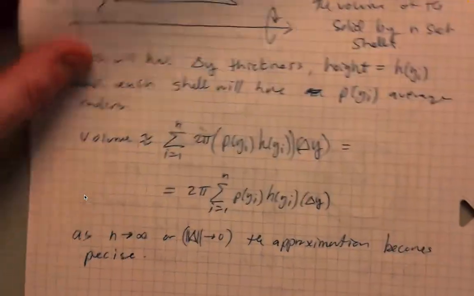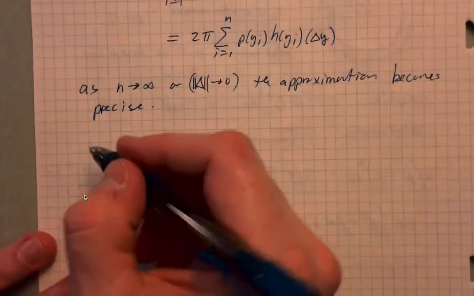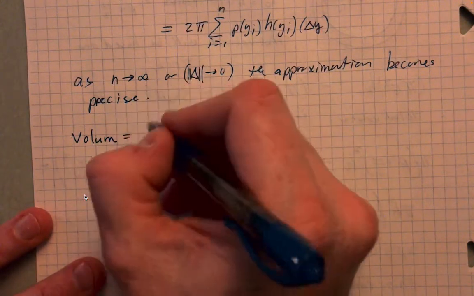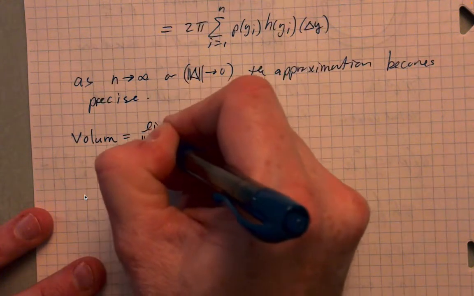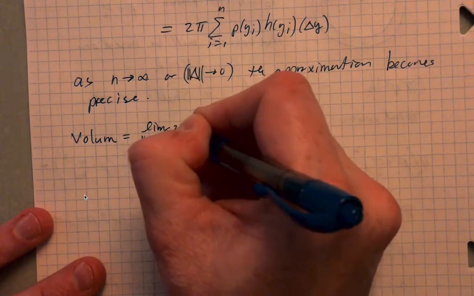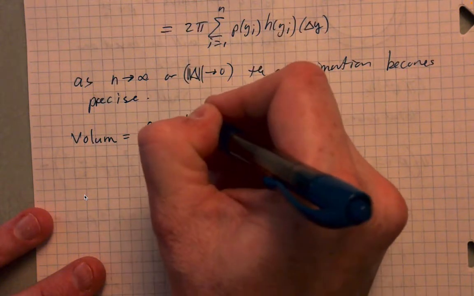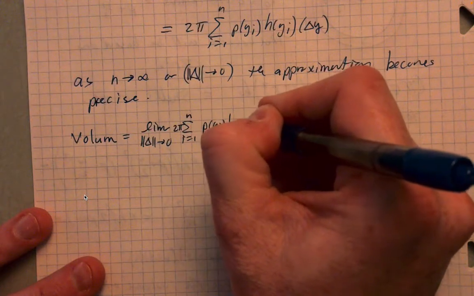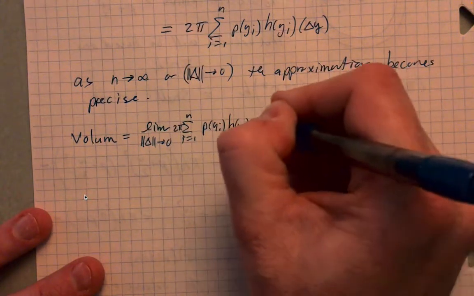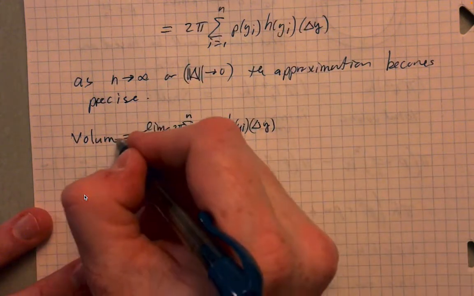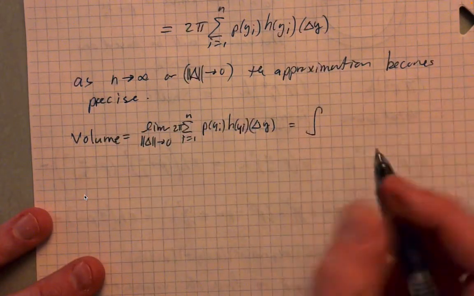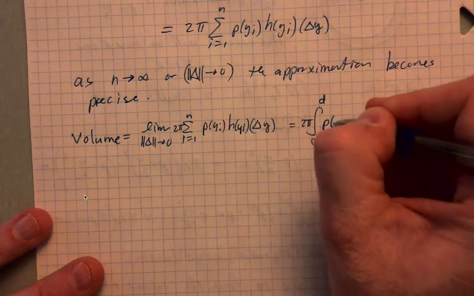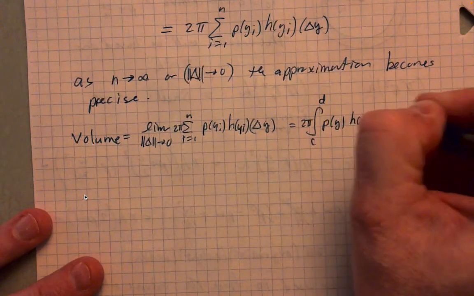Okay, so the approximation becomes precise, and so what we would say then is that the volume is equal to the limit as the norm of the partition goes to 0 of the sum, don't forget the 2 pi in there, i equals 1 to n of p of yi h of yi delta y. So the volume would be equal to 2 pi times the integral from c to d of p of y h of y dy.